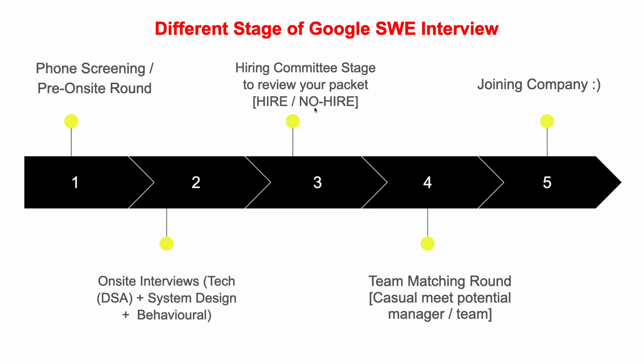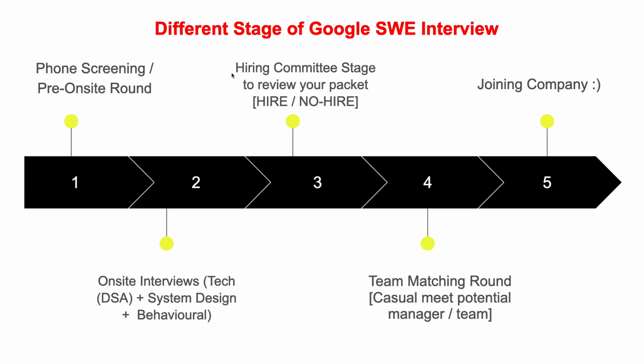This is the toughest round, the hiring committee stage. Its success ratio, as I've heard on blind.com, is 10 to 15%. Out of 100 packets, only 15 packets get hired.